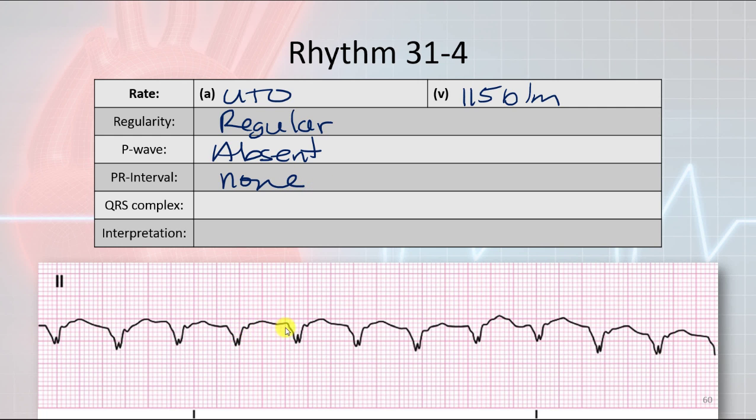The QRS complex, kind of hard to tell on this one too, begins over here. Looks like this is your T wave and ST segment. There's an extra little bump in there. That's kind of interesting. I'd like to see this guy's 12 lead. Ends right here, so I would say that would be a 0.18 second. And my interpretation is going to be sustained, look at your heart rate, slow VTach.